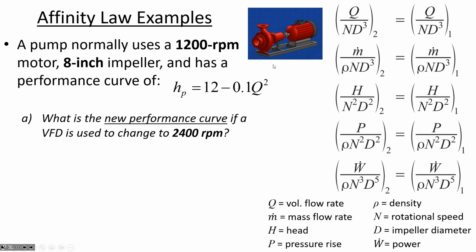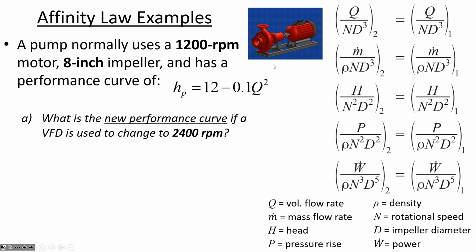Okay, so our original rotational rate, capital N sub 1, is 1200 RPM. And our original diameter, D1, is 8 inches. And the original pump head, H1, is 12 minus 0.1 Q1 squared.